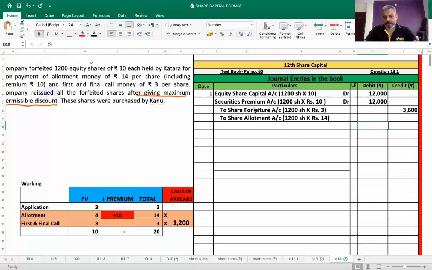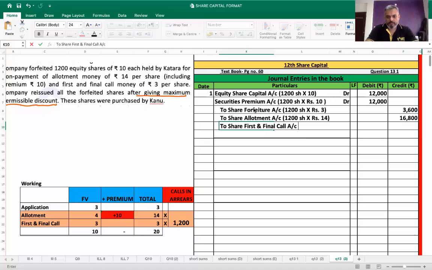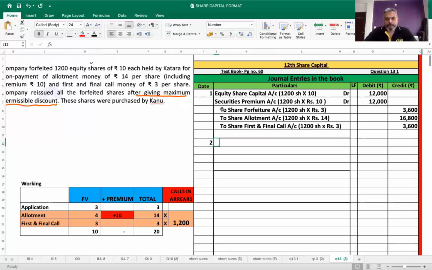So 1200 into 14, 16,800, and to share first and final call, 1200 shares into rupees 3, 3,600. Always cross verify. Debit is equal to credit or not? Okay, 24,000, 24,000. Share forfeiture account I'll highlight.